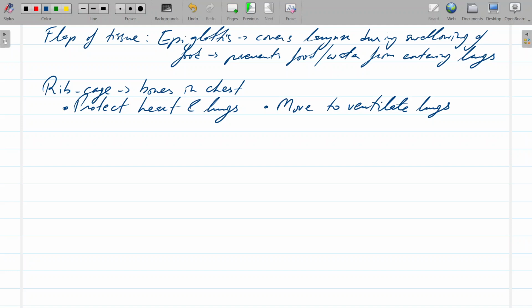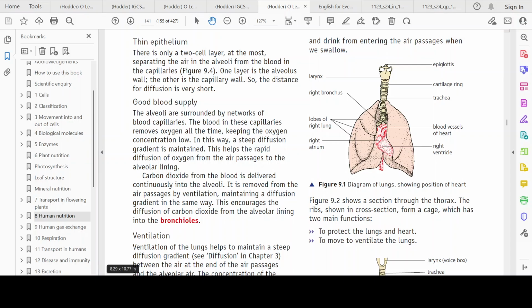How about before continuing, I show you the diagrammatic representation of the lung. I think that would obviously help with the explanation I've been giving so far. All right.